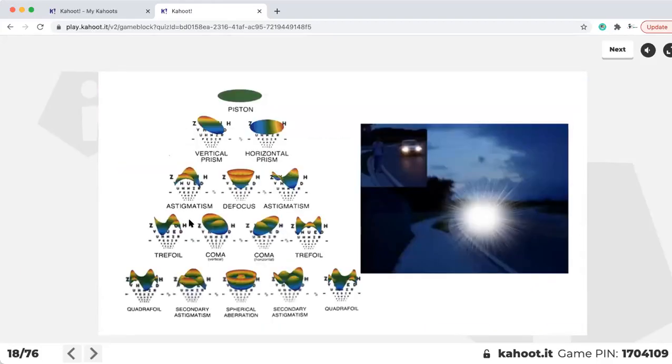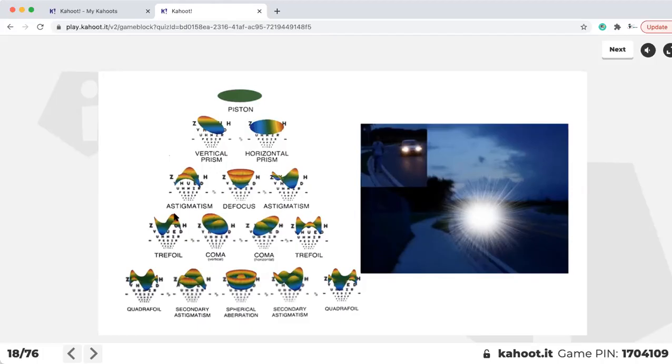The aberrations can be classified as low order aberrations and higher order aberrations. The low order aberrations, like astigmatism, myopia and hypermetropia, are the aberrations that can be corrected by glasses.